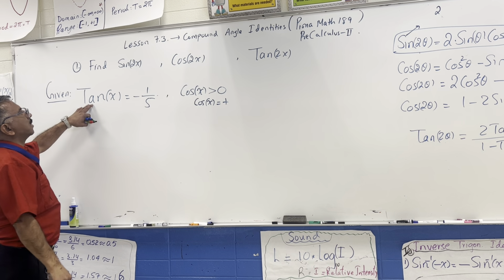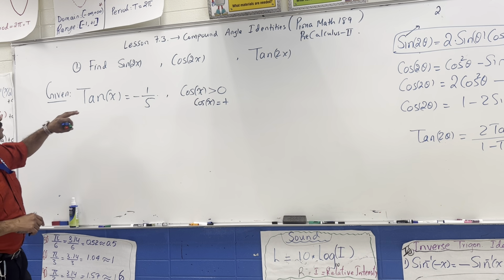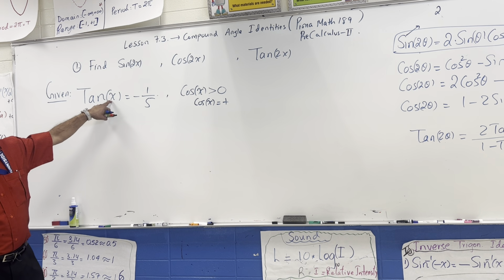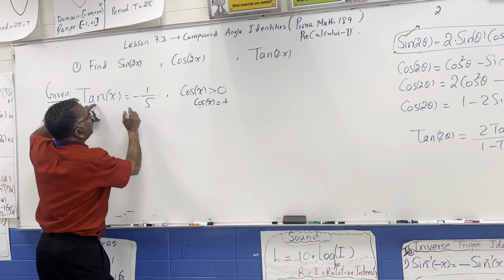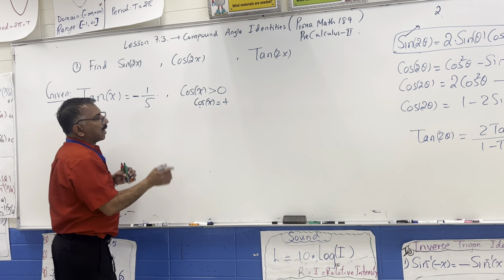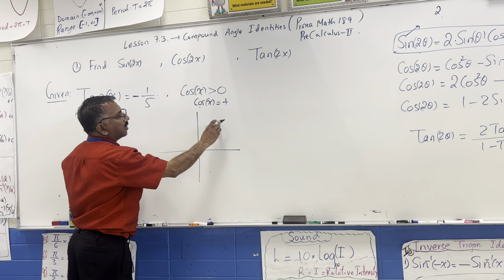So, they gave us tan x is negative 1/5, agree? So what we will do is, two things should, which quadrant is this? So two things are happening, cosine is positive and tan is negative, right? Now I'm going to draw that thing. So in this case, both are positive, agree?